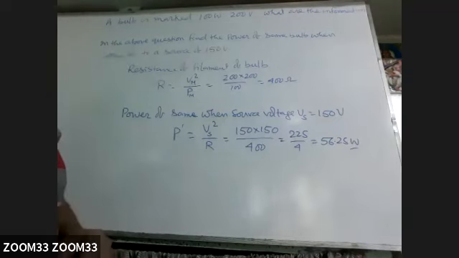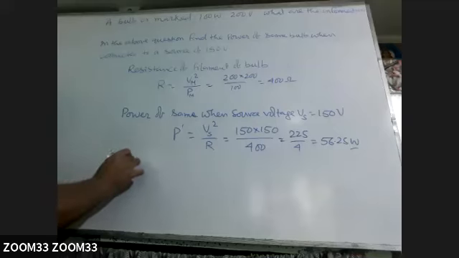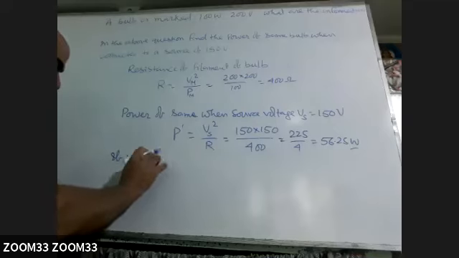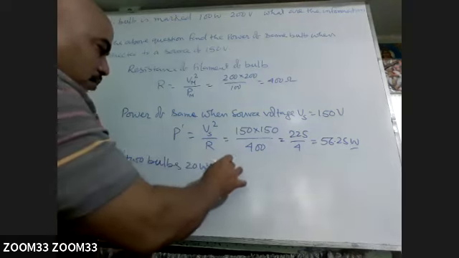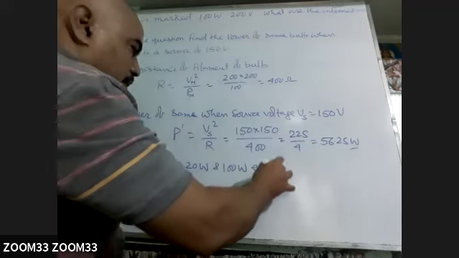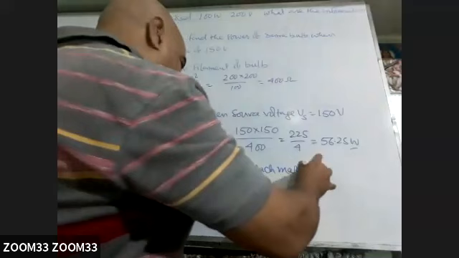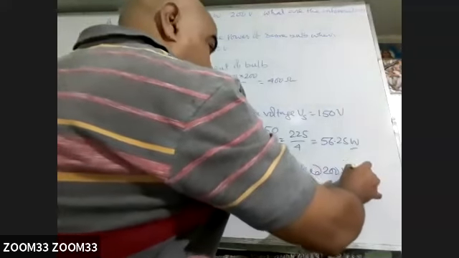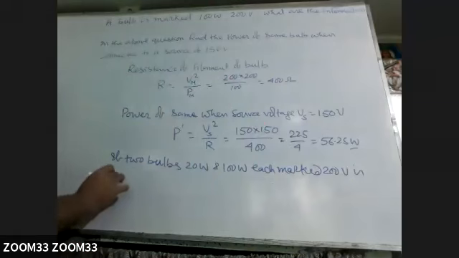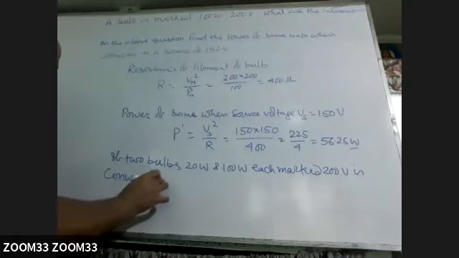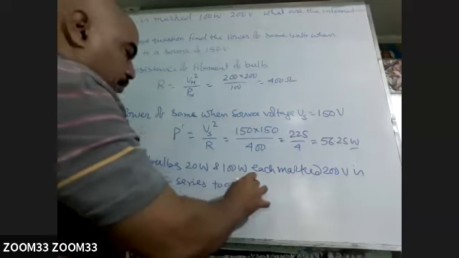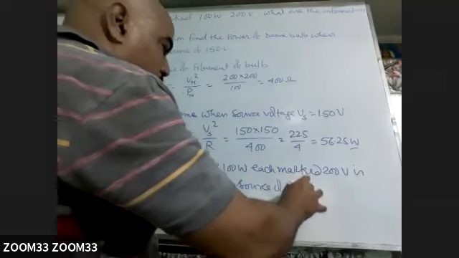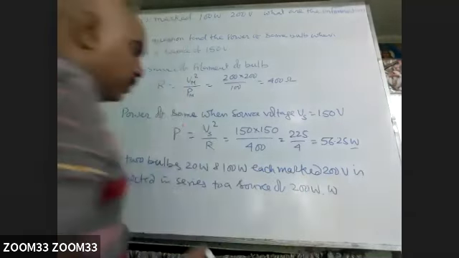Now, frequently, sometimes it is asked: two bulbs, 20 watt and 100 watt, each marked 200 volt, are connected in series to a source of 200 volt. Which bulb will glow more?